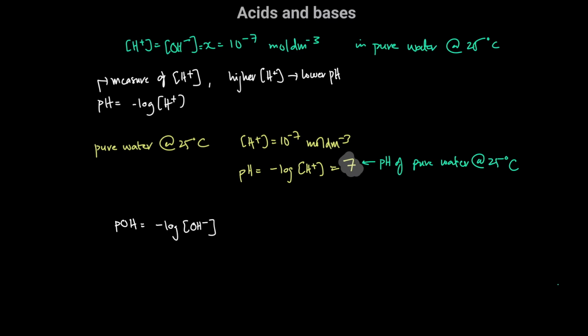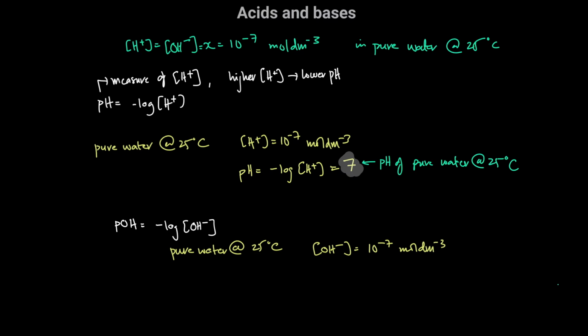And again, for pure water at 25 degrees Celsius, we know that the concentration of hydroxide ions is equal to 10 to the power of negative 7 moles per decimeter cube.